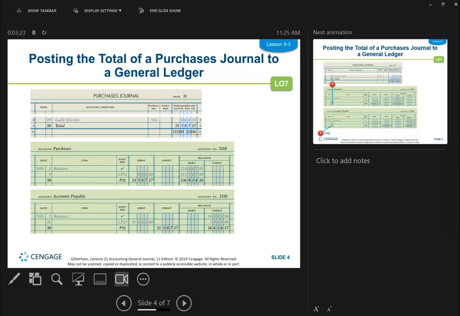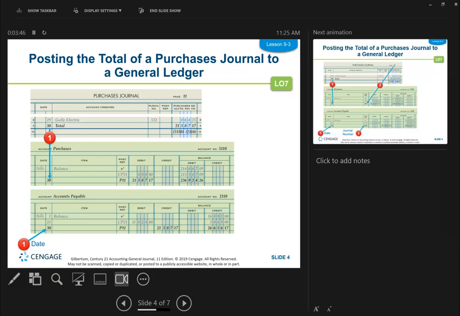I think, or are the vendor accounts under the accounts payable? I'm sorry, that's where they're the subsidiary. But we're going to transfer that total to both the purchases ledger and the accounts payable ledger. And again, the vendor accounts live under the accounts payable ledger. Those are the subsidiary ledgers to that one.